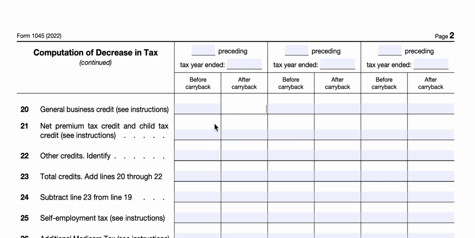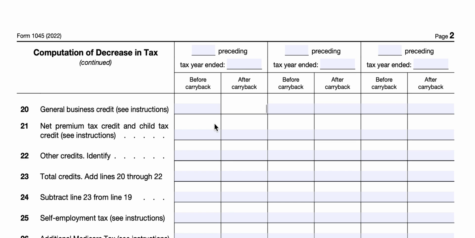For line 21, the net premium tax credit or child tax credit. So if you claimed a premium tax credit in either 2019, 2020, 2021, you'll need to complete a new Form 8962 using your new refigured household income.